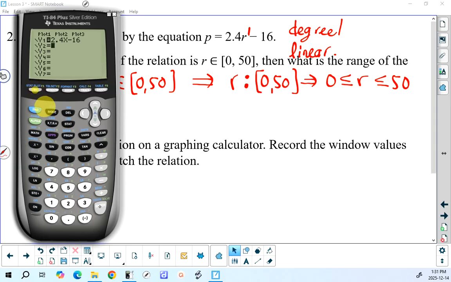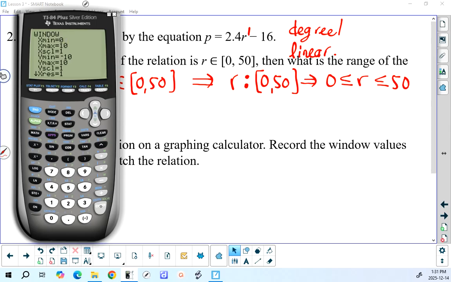To get the x, we hit this key, and now what I want everybody to do is go to the window key. This is going to be where we set up our axes. So I hit window, and it says X min, X max. Well, we want to go from 0 to 50.